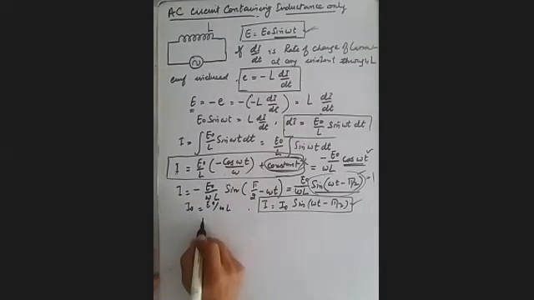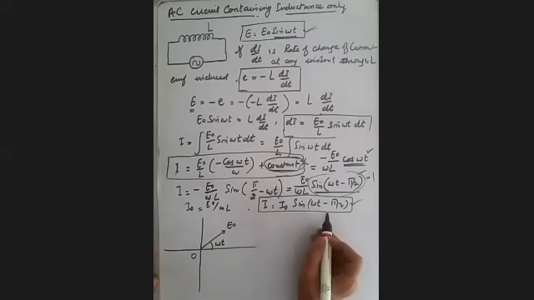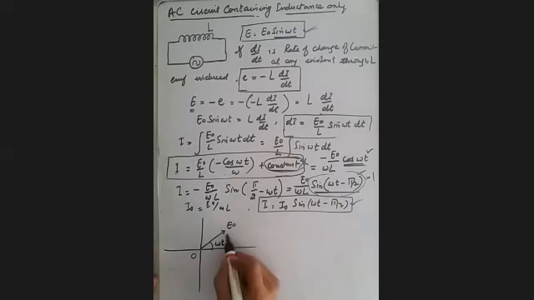So here it is. If this is the alternating EMF and the vector represents E naught and this is omega t, now the current is lagging the voltage.